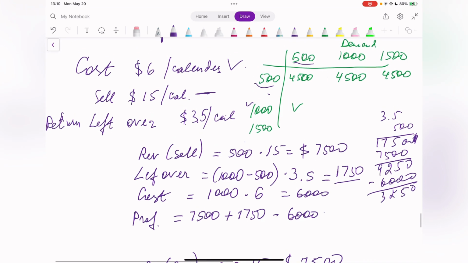Is that right? I'm kind of doubting, so let me double check. 1,750 plus 7,500 is 9,250. Okay. 3,250. All right.